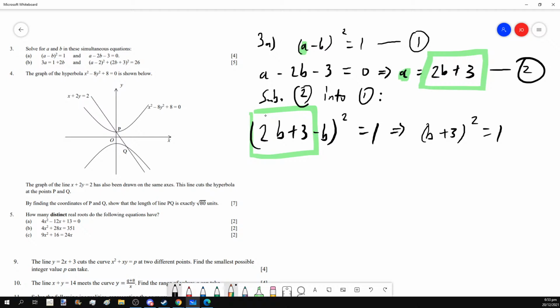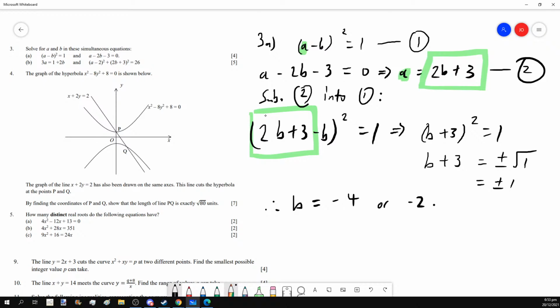Once you have (b + 3)² = 1, it will be simple enough to undo the square by performing a square root. Don't forget to add the plus minus. And from here, b + 3 will naturally be equal to 1 or negative 1, so b will be equal to negative 2 or negative 4.